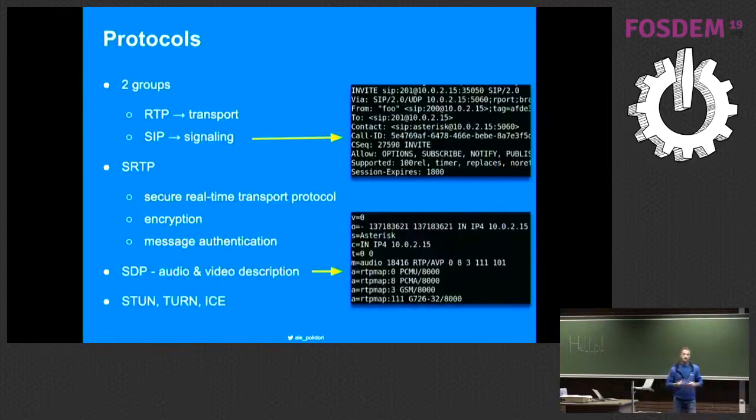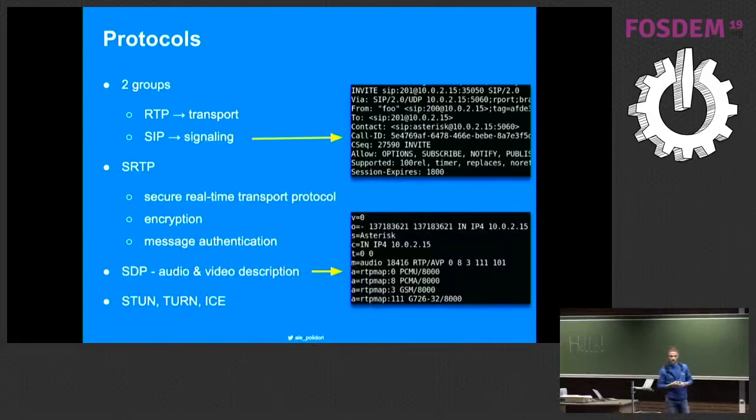Some real-time protocols are used, some for the data transmission and others for the signaling. In particular, we need signaling to negotiate and establish a session before the data transmission, and the most used protocol in this field is the SIP protocol. We can achieve security, encryption and message authenticity using the secure version of the protocol.